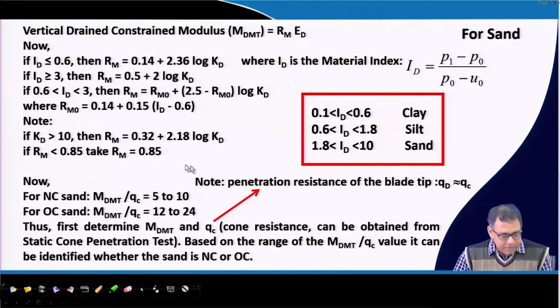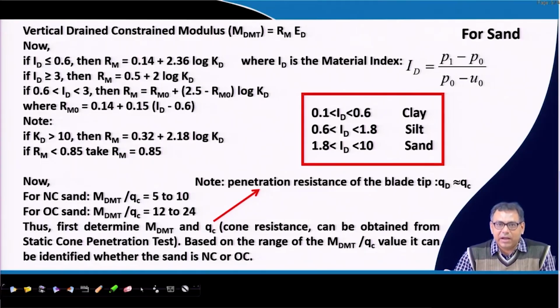How can we do that? Once we get the RM for sand, we multiply it with ED to get the MDMT. Then that MDMT we divide by the QC, the cone resistance, which I get from the static cone penetration test.